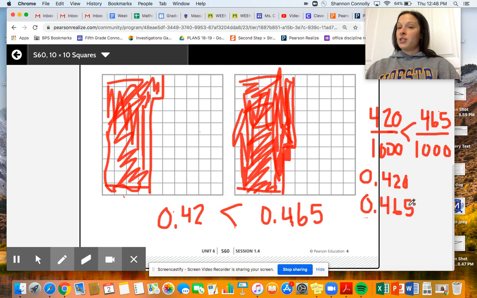So the three strategies that we went over to compare decimals were making a representation. I'm going to use this hand because I can see it. Making a representation. We compared by place value. So just like we would with whole numbers, we did it with decimals, left to right. And then we also thought about comparing them as fractions and making equivalent fractions, because that's something that we've been practicing all year.